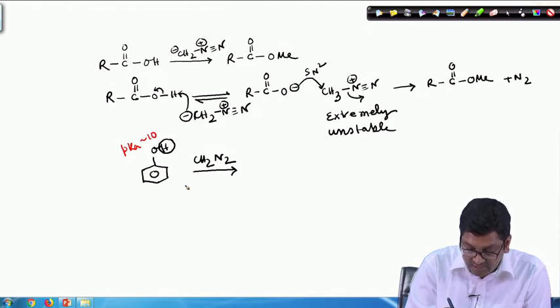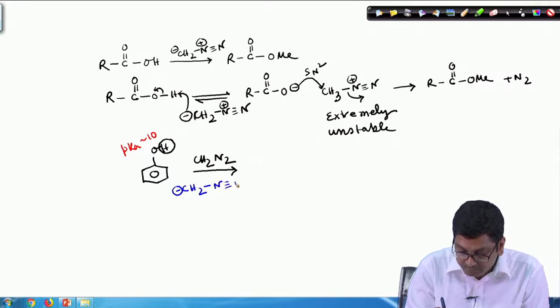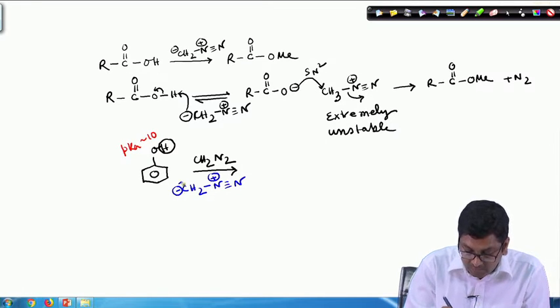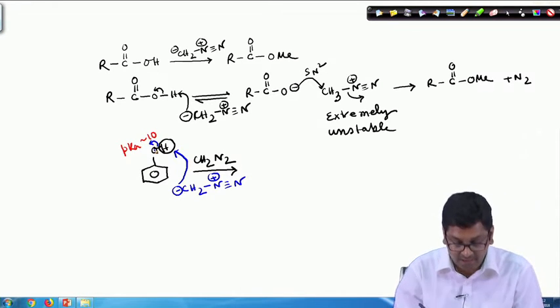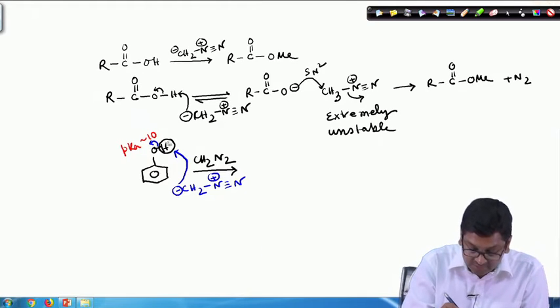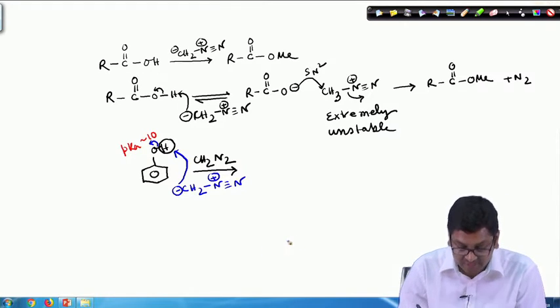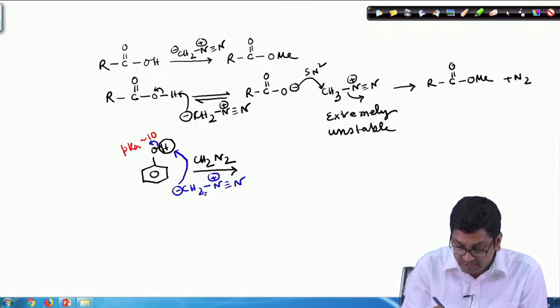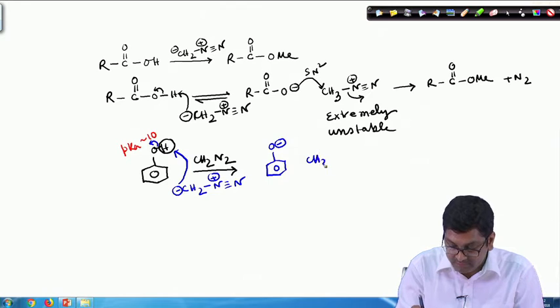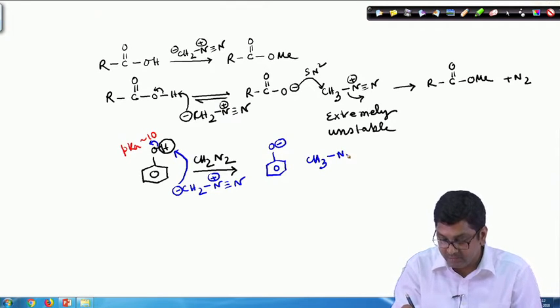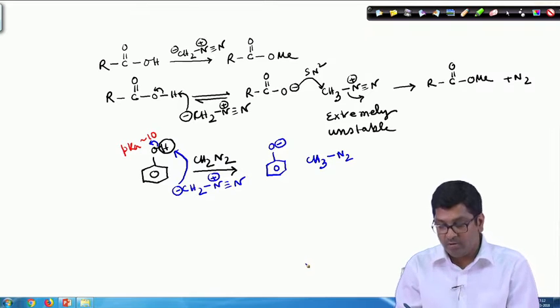That means, here also you can write like this, it can pick up this, because this phenolate anion is stable and this hydrogen is pretty acidic. So, it can pick up this one and generate the corresponding anion. Okay.